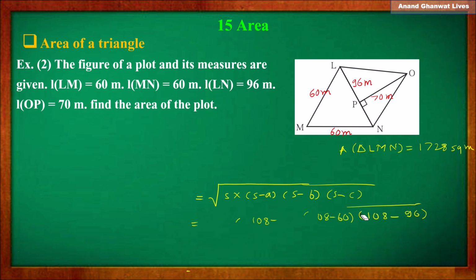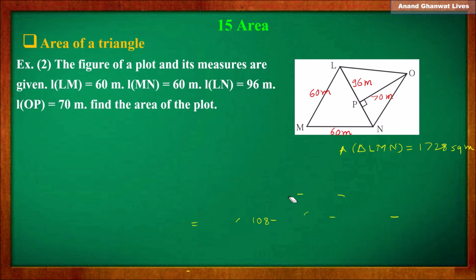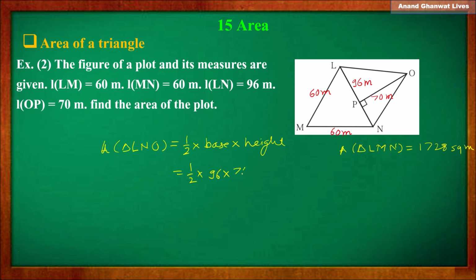So let's use that formula to find area of triangle LNO. Okay. So area of triangle LNO is equal to 1/2 into base and into height. So it is equal to 1/2 into base is 96 into height, that is 70.